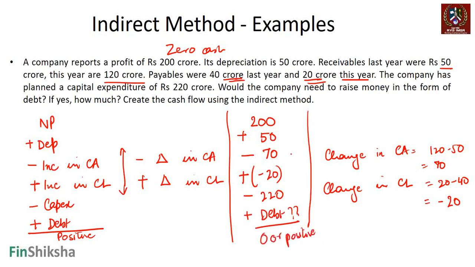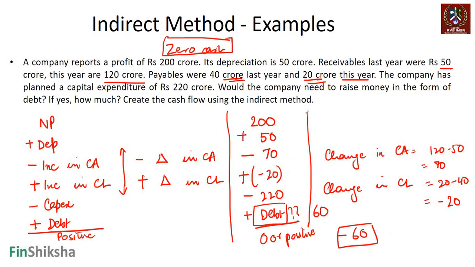That's what we want to find out. So we can do the calculation. That's 250 minus 70, that's 180, minus 20, that's 160, right? And 160 minus 220 is minus 60. So if the company raises no debt, then they will end with minus 60 as cash flow. Assuming they started with zero cash, this situation is not possible. So the debt raised has to be at least 60 crores. Correct? The debt raised has to be 60 crores.